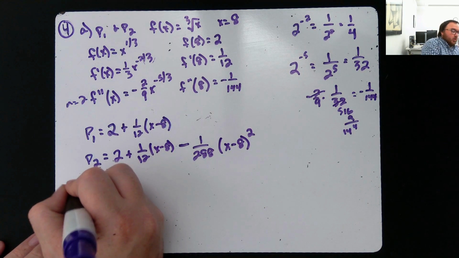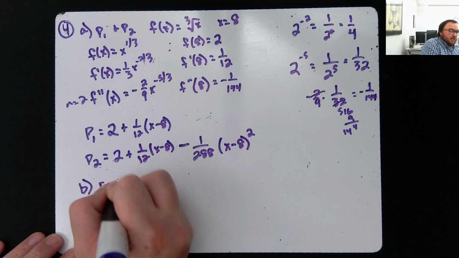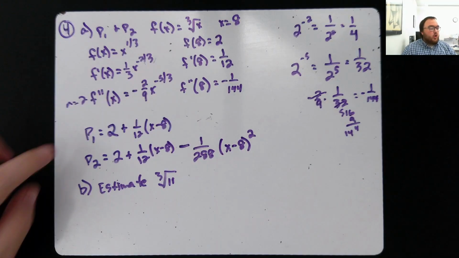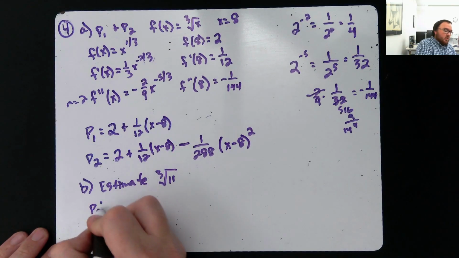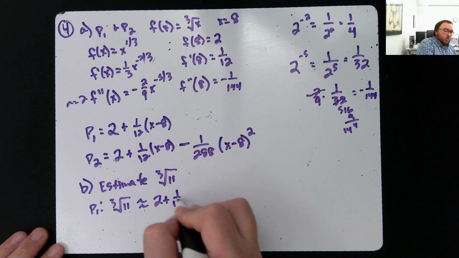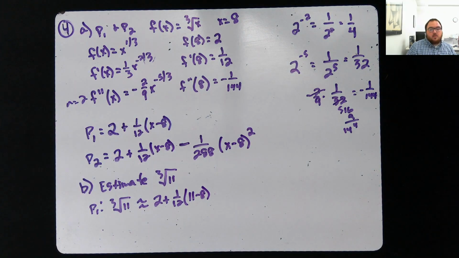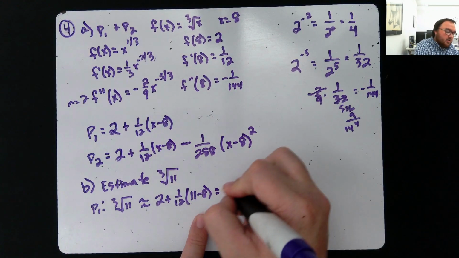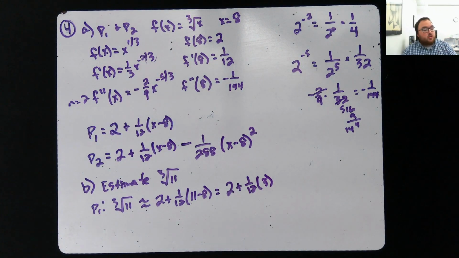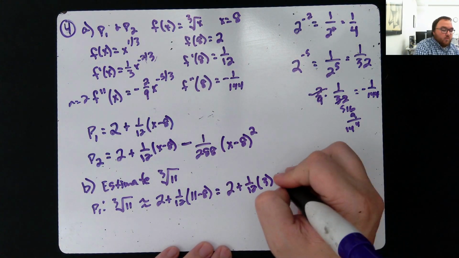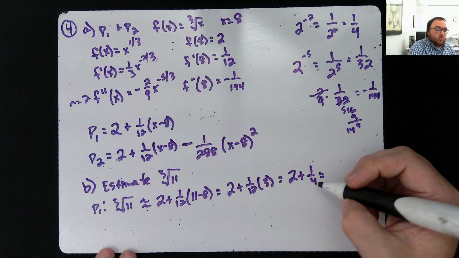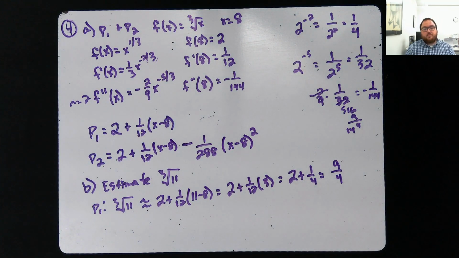So part B says we're going to use those to estimate cube root of 11. So using P1, the cube root of 11 is about 2 plus 1 over 12 times 11 minus 8. 11 minus 8 is 3, so 2 plus 1 over 12 times 3. 3 over 12 is 1/4, so 2 plus 1/4 is going to be 9/4.